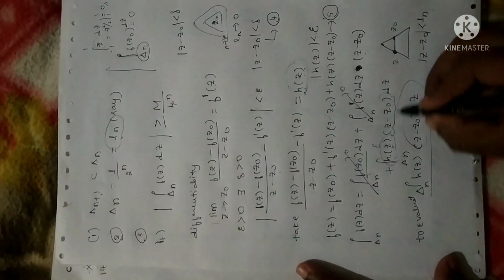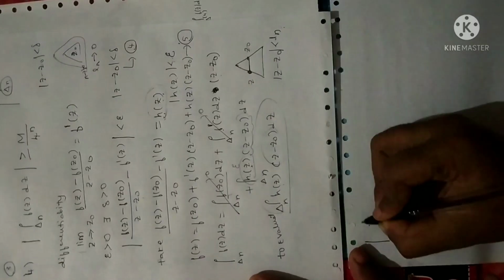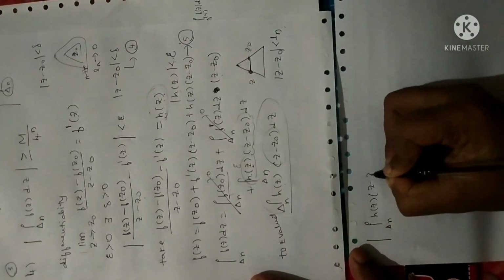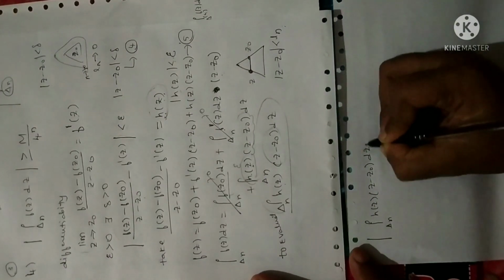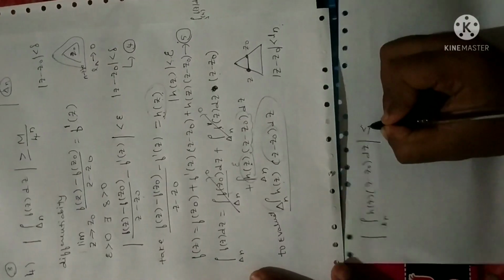Now I am going to evaluate this integral. So when you consider the magnitude of this integral, the integral over delta n of h of z into z minus z naught into dz, I am going to split the magnitude, so I have to apply less than or equal to.